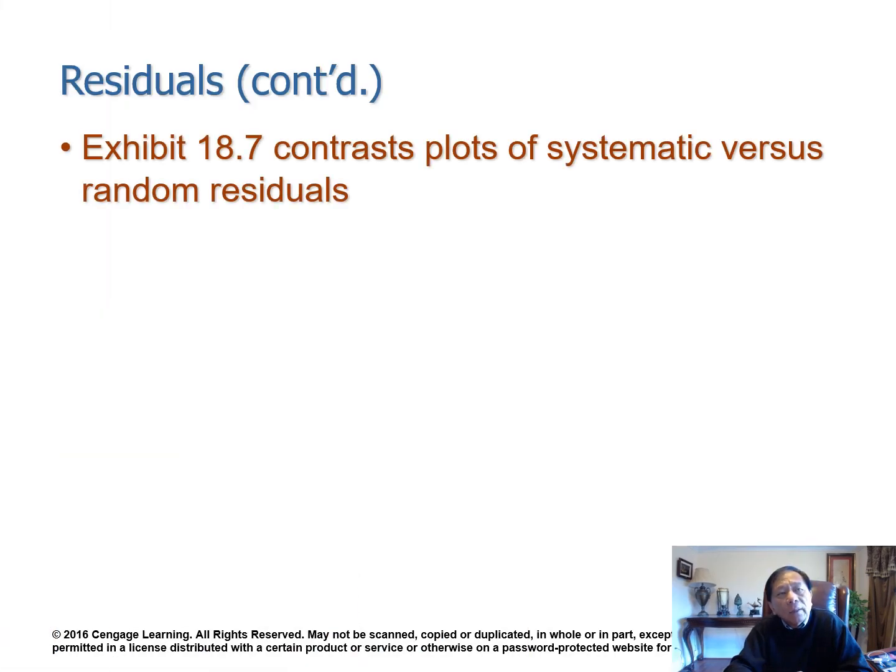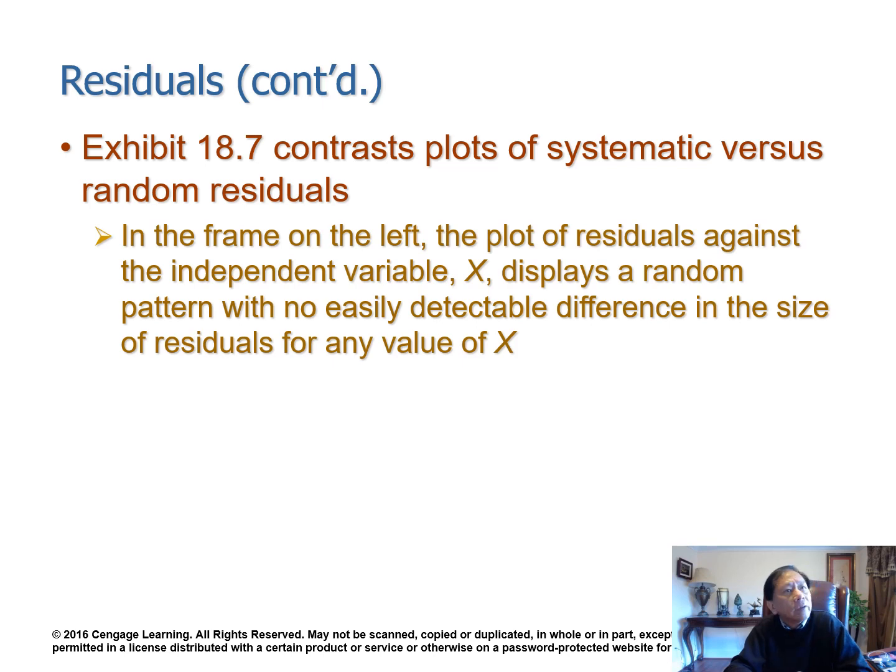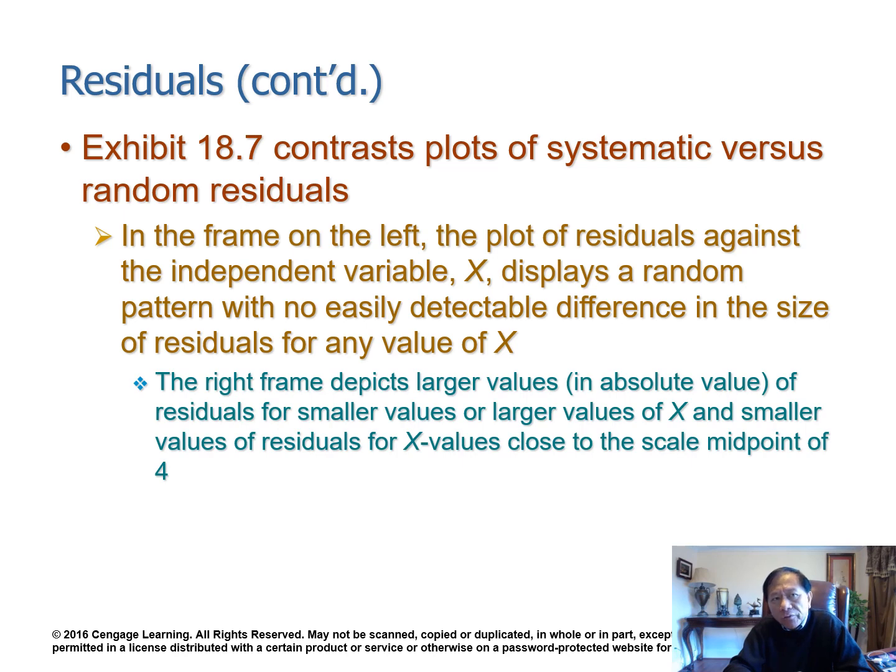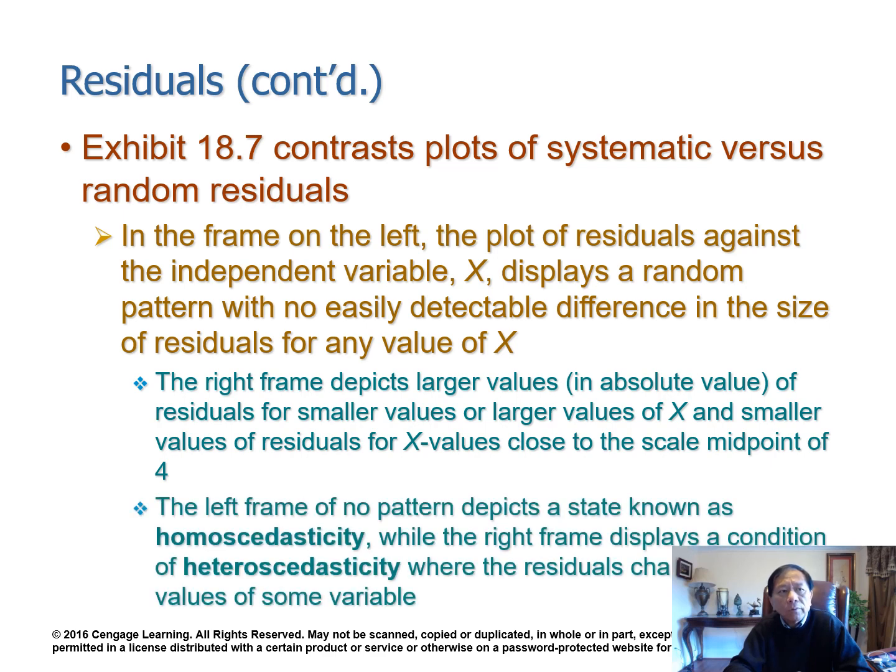Residues. Exhibit 18.7 contrasts plots of systematic versus random residues. In the frame on the left, the plot of residues against the independent variable x displays a random pattern with no easily detectable difference in the size of residues for any value of x. The right frame depicts larger residues in absolute value for larger values of x, and smaller residues for x values close to the scale midpoint 4.